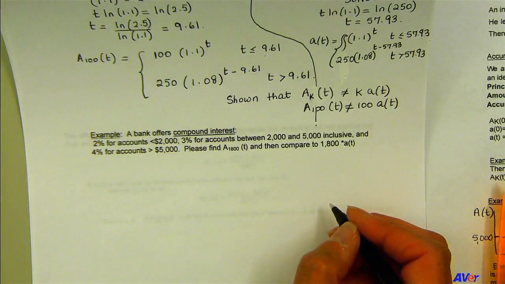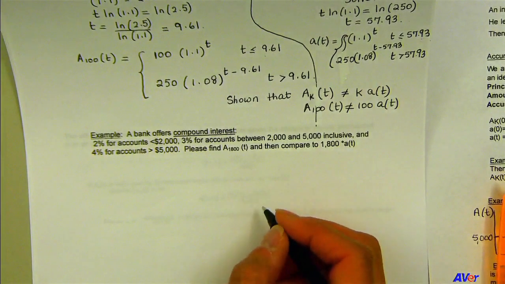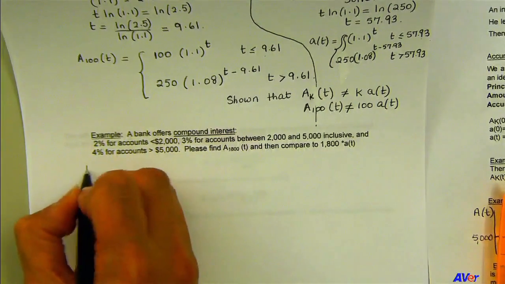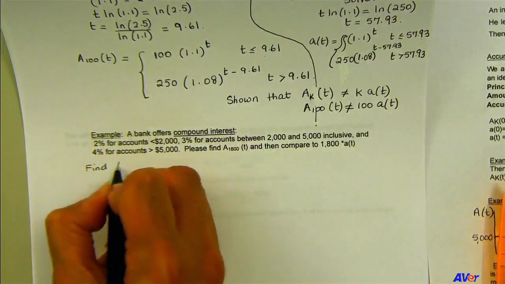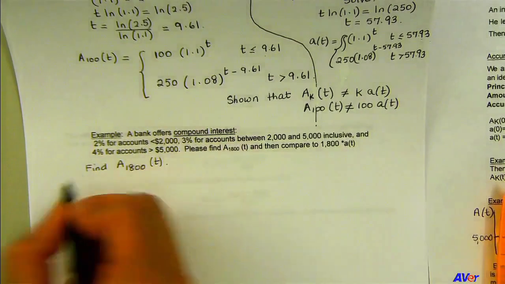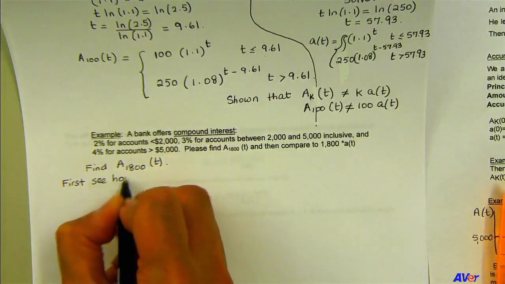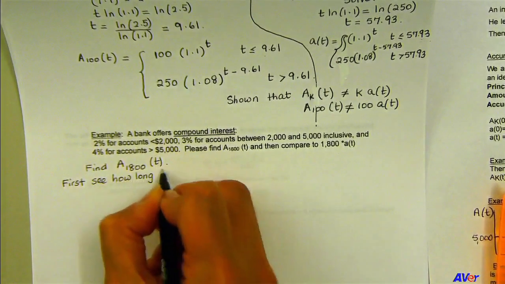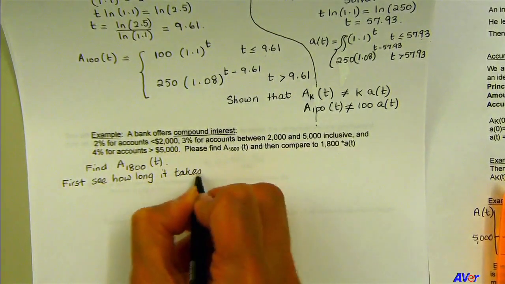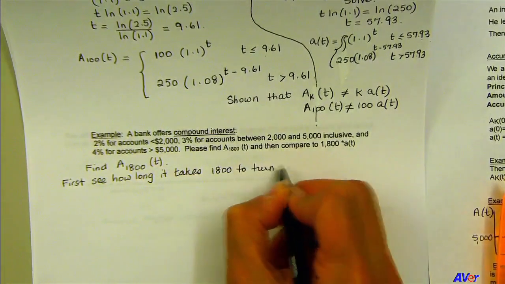So first you want to see how long it takes 1800 to turn to 2000, correct? So find A 1800 of t. First, see how long it takes 1800 to turn to 2000.